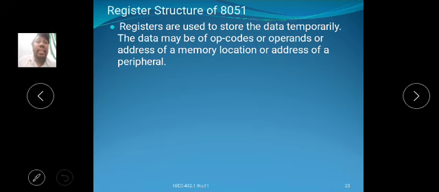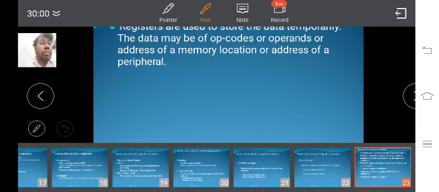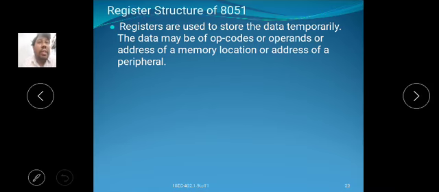Then the register structure of the 8051 microcontroller. The registers are used to store data temporarily.